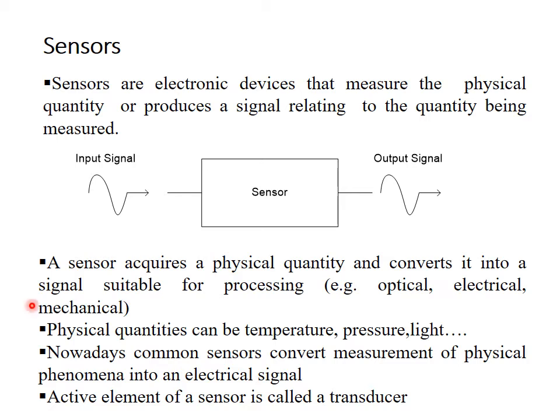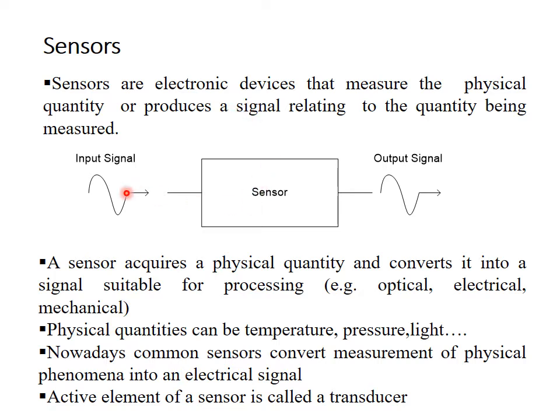So, the sensor can be defined as an electronic device that measures a physical quantity or produces a signal relating to the quantity being measured. You want a quantity to be measured, that is a physical quantity, and correspondingly you produce a signal from that.